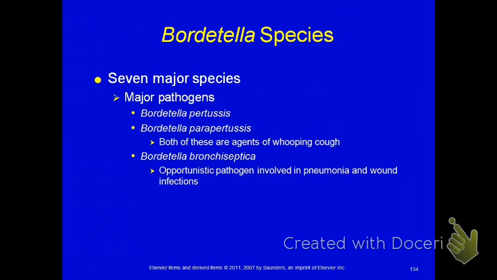So the major pathogens would include Bordetella pertussis and Bordetella parapertussis. Both of these could cause whooping cough, though Bordetella pertussis is more common. Then you have Bordetella bronchiseptica, an opportunistic pathogen involved in pneumonia and even in wound infection.